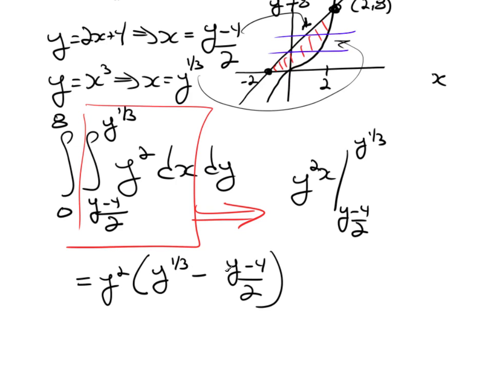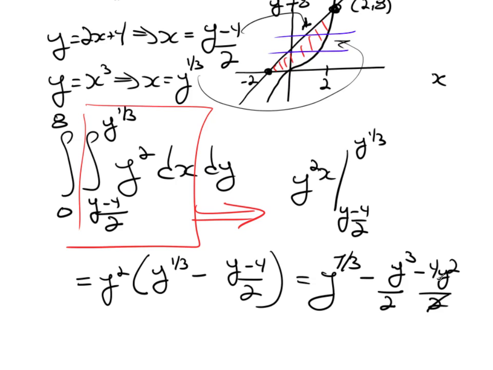Now I want to distribute this y squared. So this is going to be y to the 6/3, so I have a common denominator. When I multiply it through, I'm going to end up with y to the 7/3 minus (y cubed minus 4y squared), and both of these are over 2.